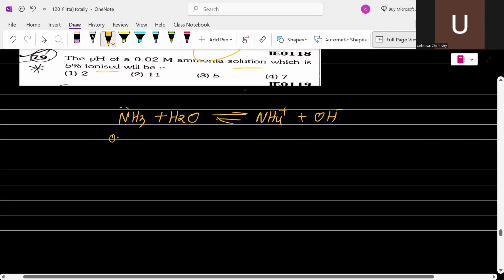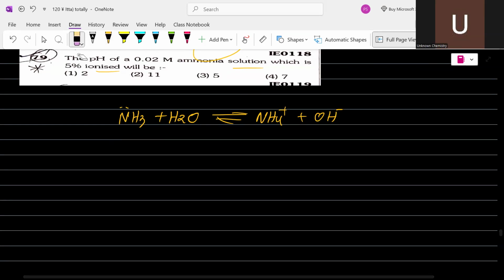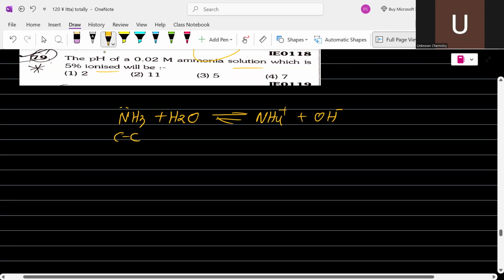Now the concentration of this is 0.02 and alpha is given. If you write this equation, if you remember, C minus C alpha will become C alpha. So what is the concentration of OH minus here? It will be C into alpha. The concentration is given as 0.02. Alpha is given as 5%, that means 5 by 100, so 0.05.